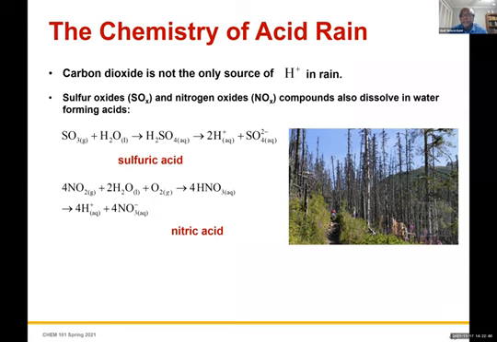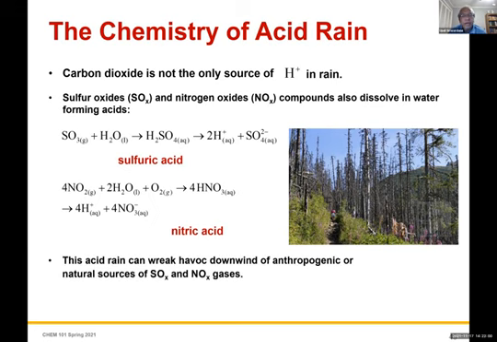So what happened to forests? Some of the forests exposed to nitric acid, the plants die, cannot withstand the acidity, so they die and cause forest destruction by acid rain. This acid can travel downwind, from anthropogenic or natural sources of SO2 and nitrogen dioxide.